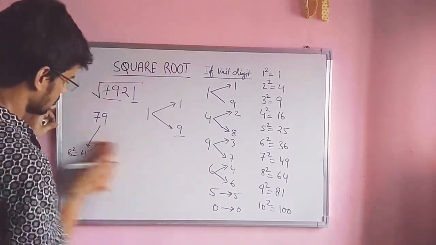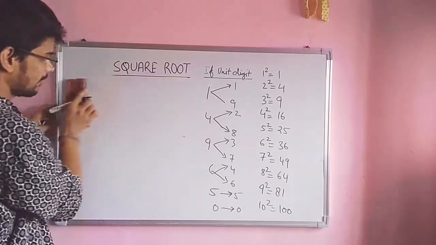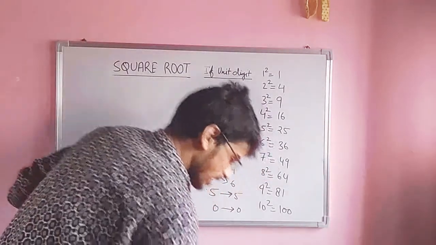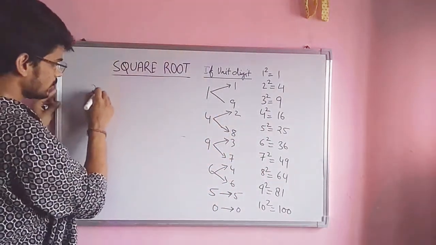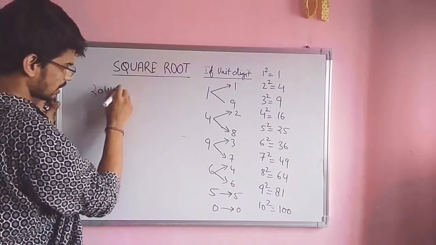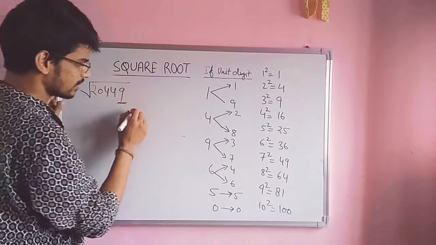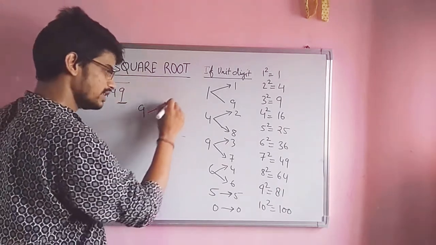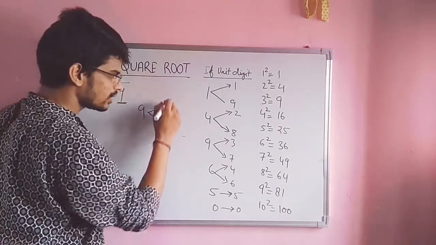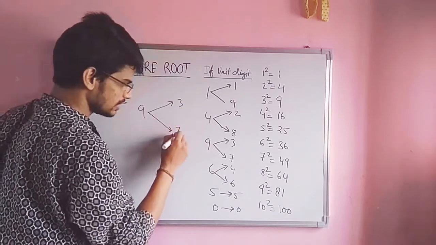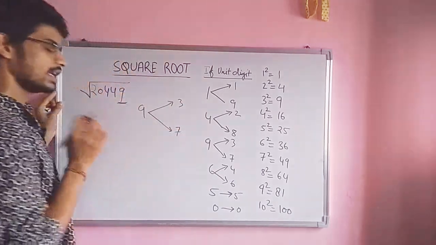Next, we take another example, 20449. Consider the unit digit, that is 9. 9's square root ends on either 3 or 7. Clear?